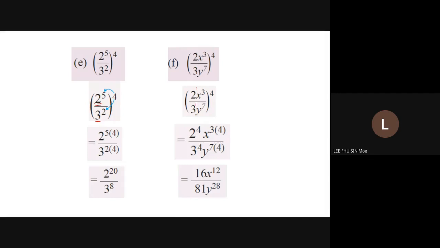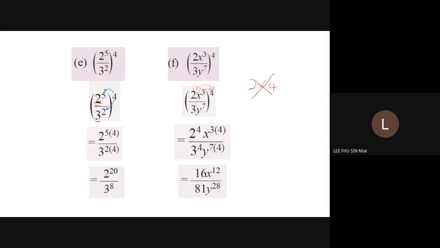So please pay attention for this one. If there's a number, it's not 2 times 4. This one wrong, cannot do like this. It's 2 to the power of 1. The index 1 later on have to times 4, and then 3 also have to times 4. So that's why you see the answer here 2 to the power of 4.